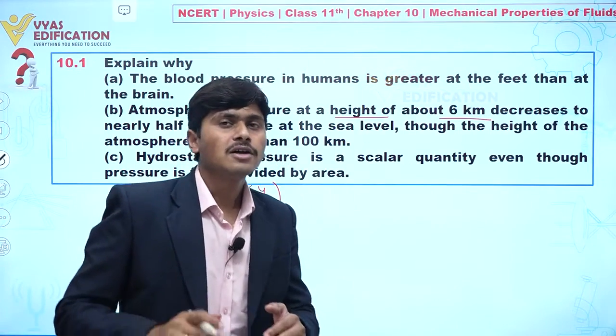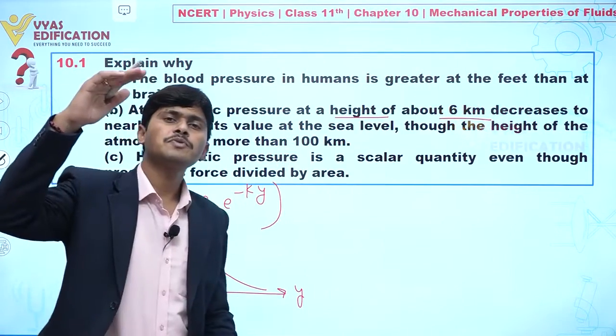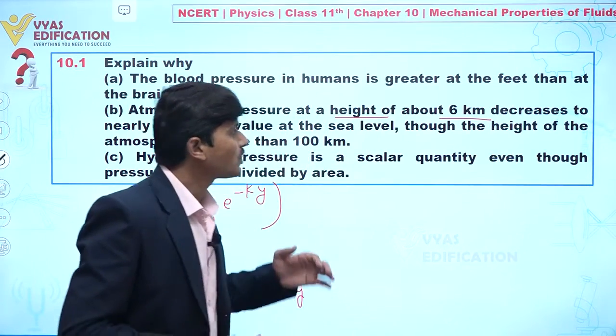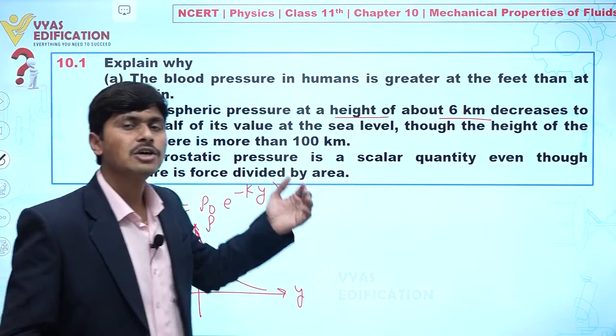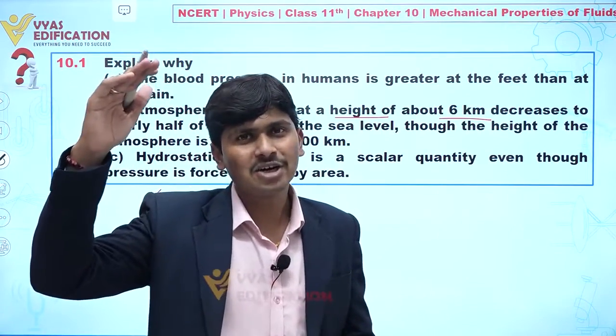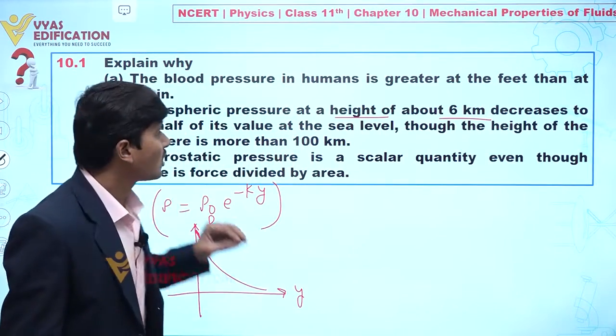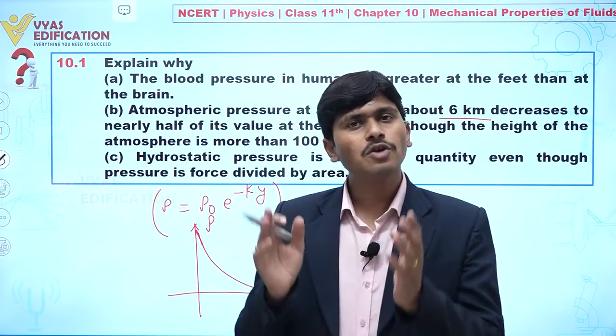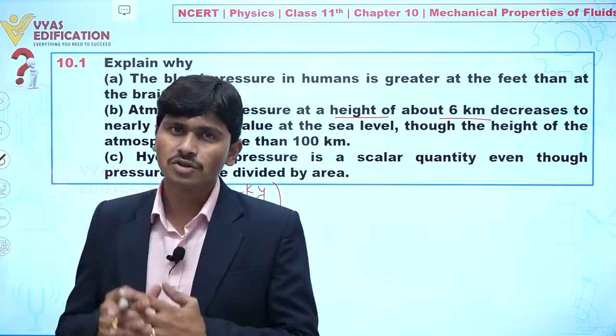But because the height of the atmospheric column we are taking is approximately equal to 100 km, the rest half of the density decreases from 6 km to 100 km. So the answer is very simple here, because the variation of density in our atmosphere is not uniform.